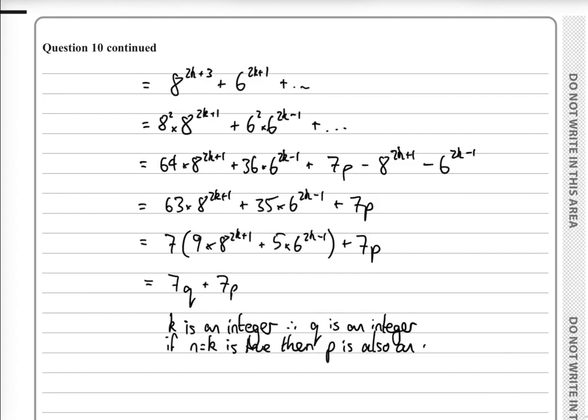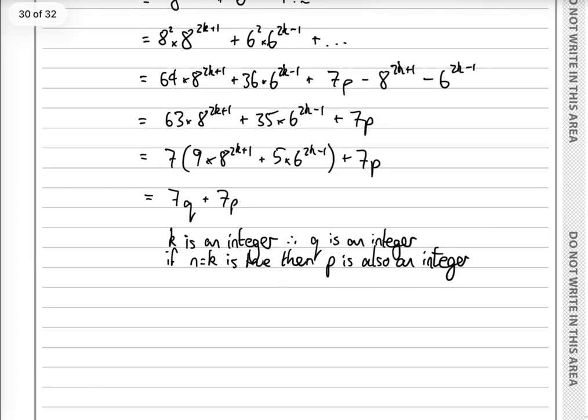That was our assumption. And if that's true, then this is true because you can see 7q plus 7p is obviously divisible by 7. Write it like that. Therefore, n equals k plus 1 is also true.